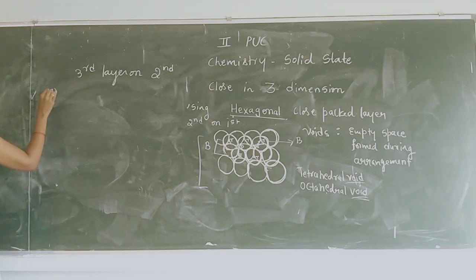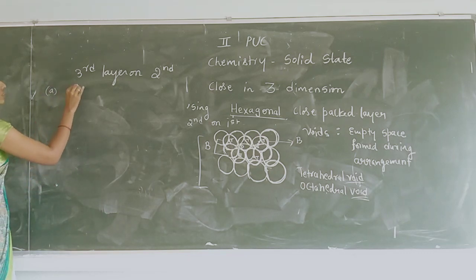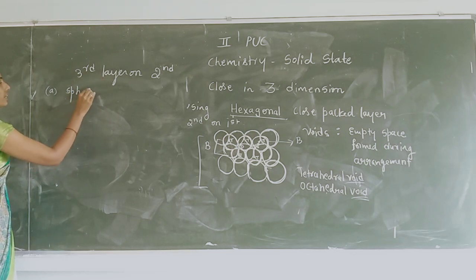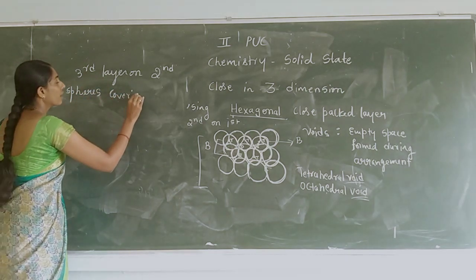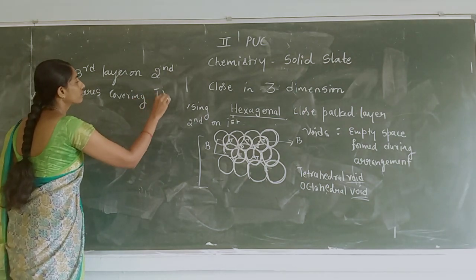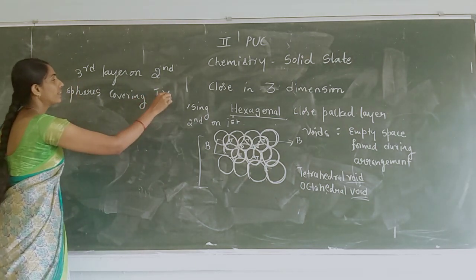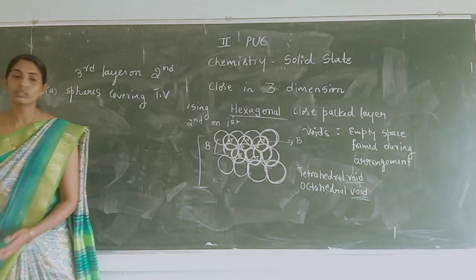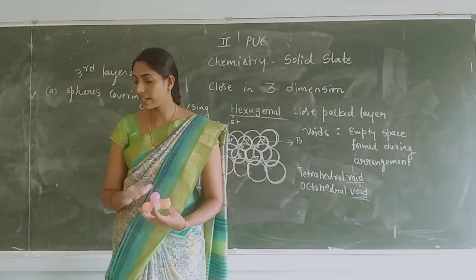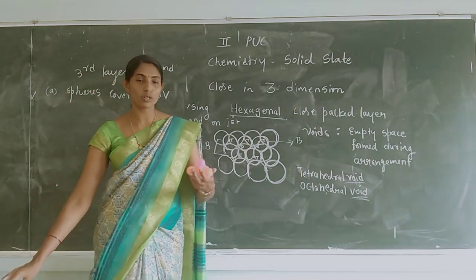The first case is when you place the third layer on the second layer with spheres covering the tetrahedral void. The second layer has a tetrahedral void. If the tetrahedral void is covered, what is the possibility?